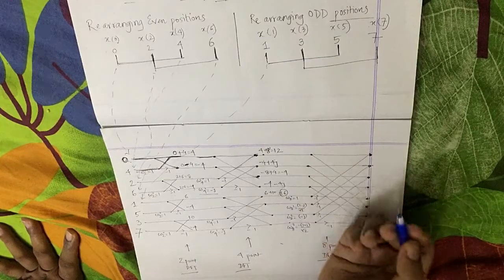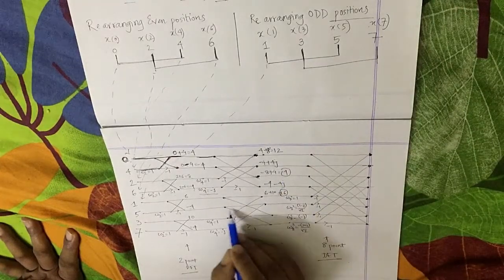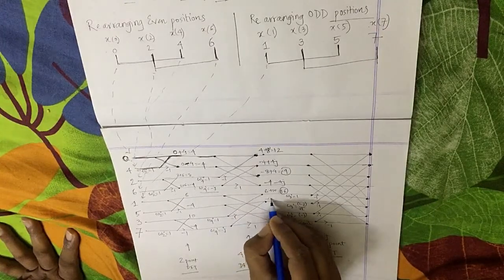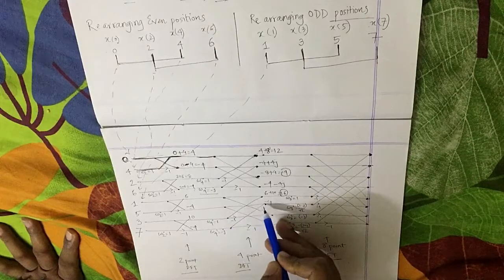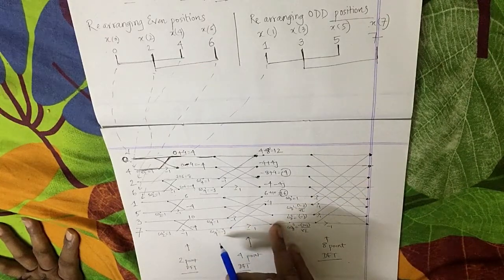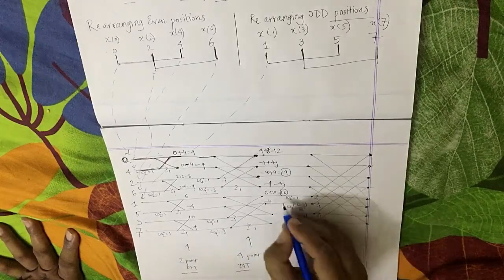Fine. 16, that's the value. What about this line? From the straight path we will be having -4, and from the curved path we have -4 minus j, that gives us +4j.